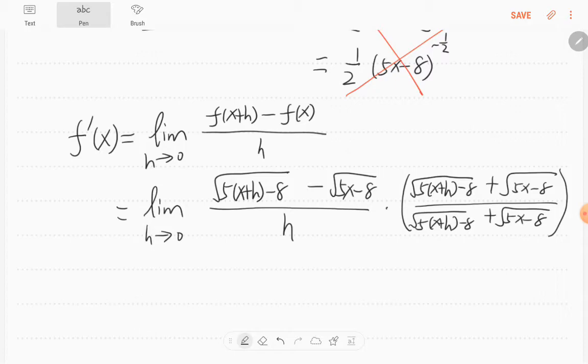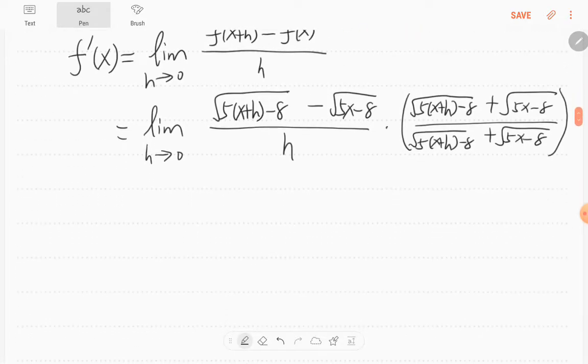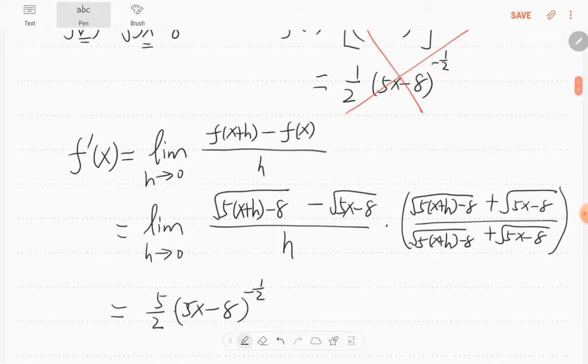Here, I don't want to spend much time on this calculation. At last, you will have 5 over 2 times (5x minus 8) to the negative 1/2.